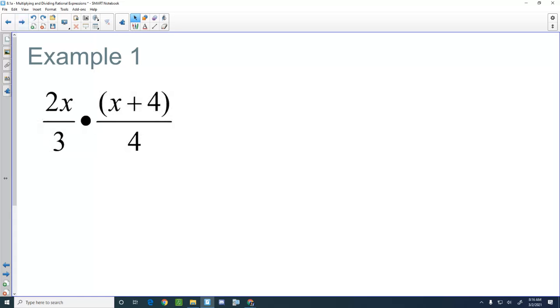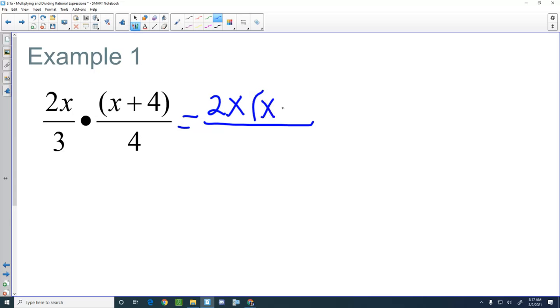And all you need to do is treat this like any other problem that you'd ever work with before. If I multiply these, I've got 2x times x plus 4. I just write it right next to each other, right? Doesn't that indicate multiplication? In the denominator, I have 3 times 4. That's just 12.